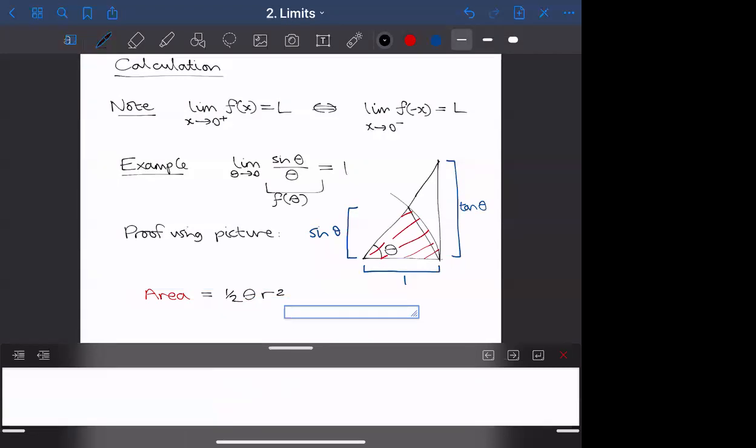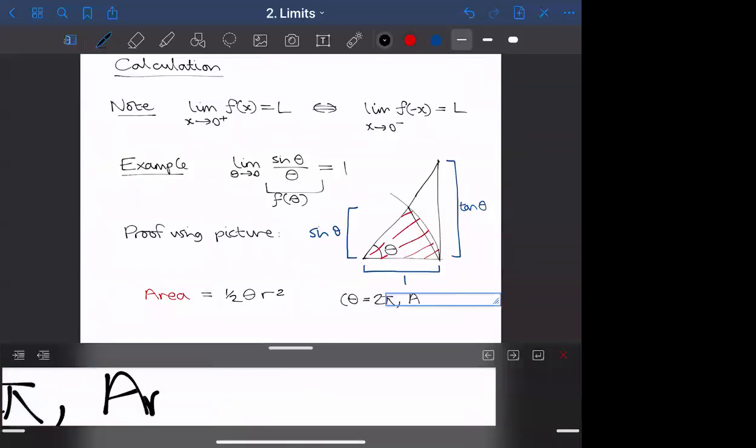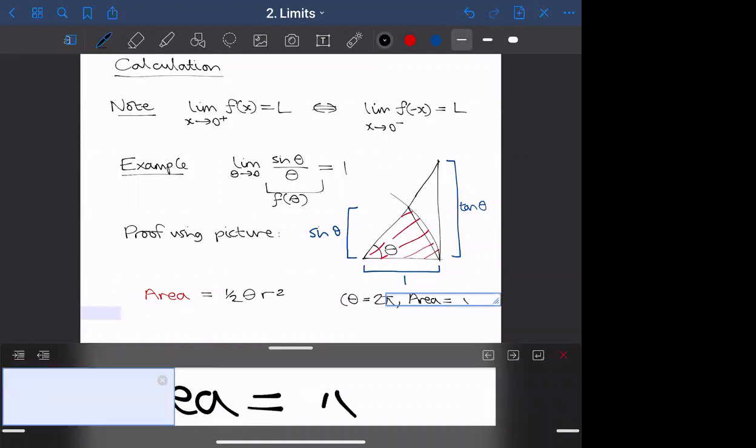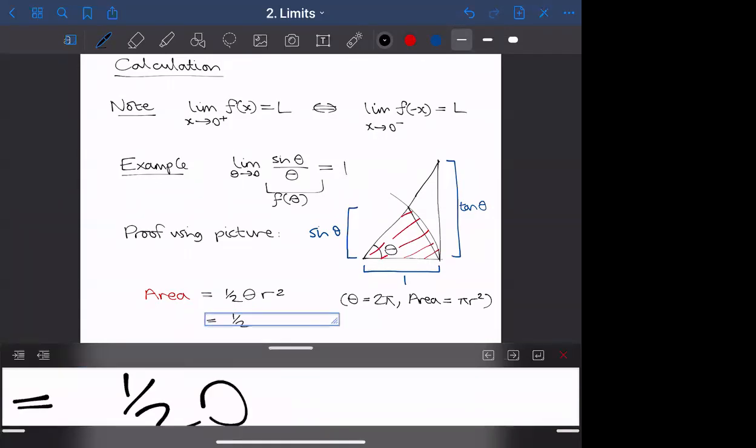So you can remember that if it was the whole of the pie, if theta equals 2 pi, then area is pi r squared. But in this case, we have a smaller slice of the pie, and so the area is half theta r squared. But of course, r is 1, so that's just half theta.